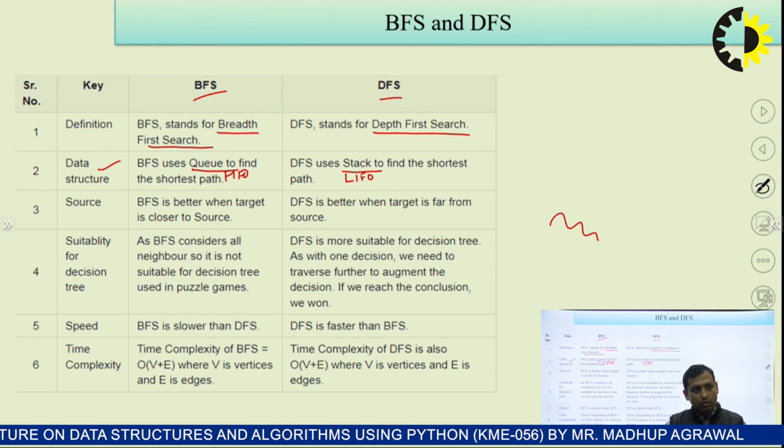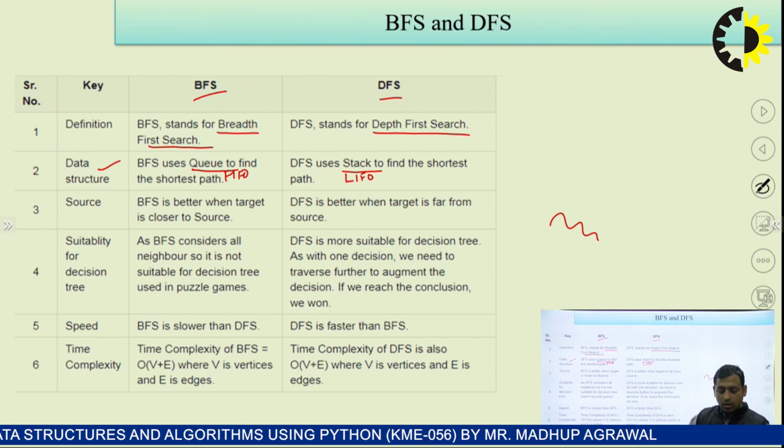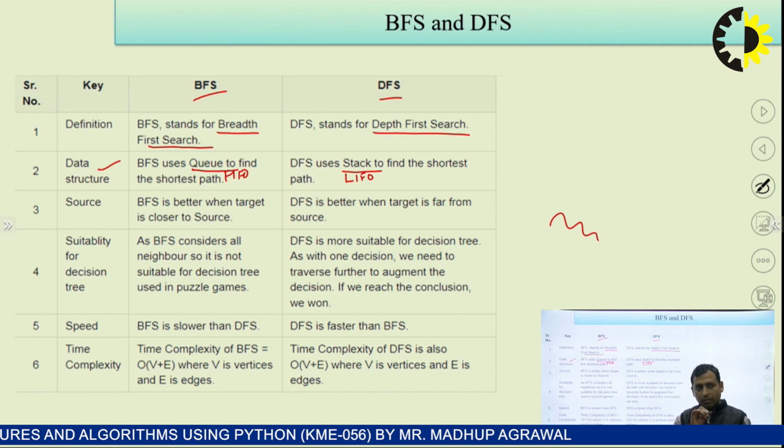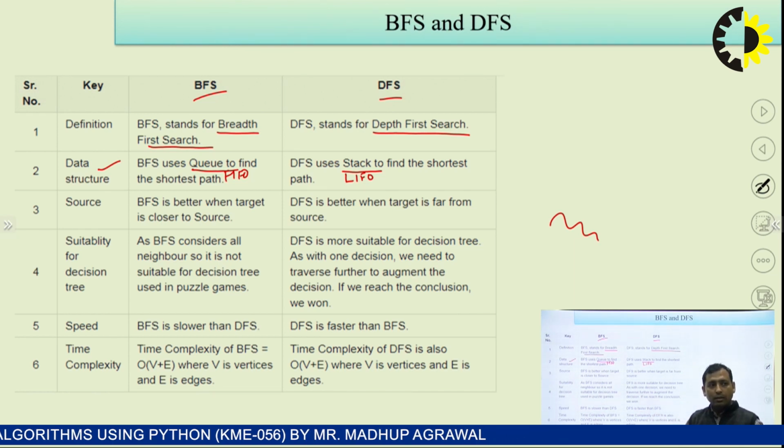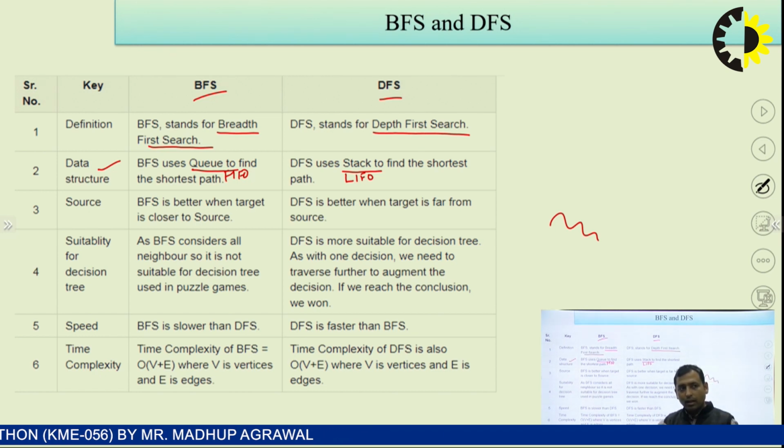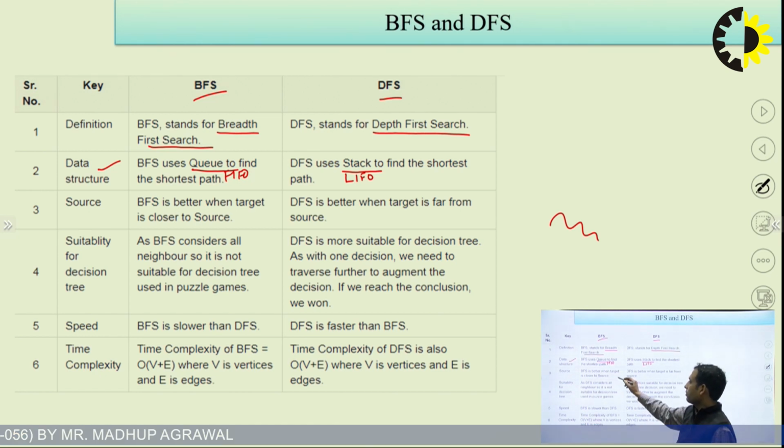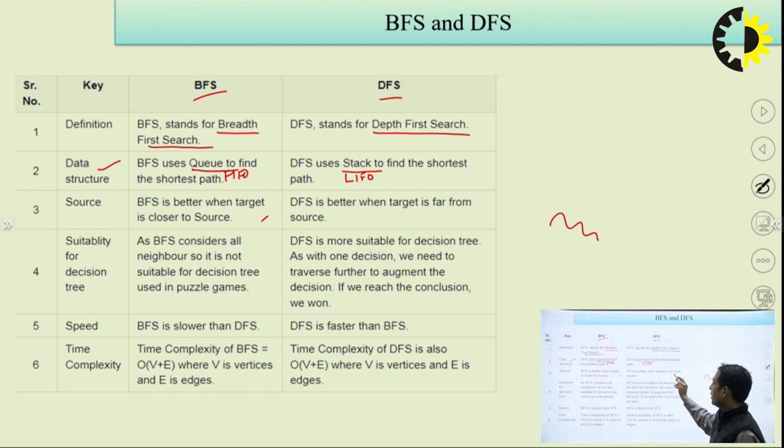Next, BFS is better when the target is closer to the source. If we are searching for some data closer to the source node, then BFS is more beneficial than DFS, because all the nodes at the same level are covered first in BFS. DFS is better when the target is far from the source; to find a node far from the source node, DFS is more beneficial.